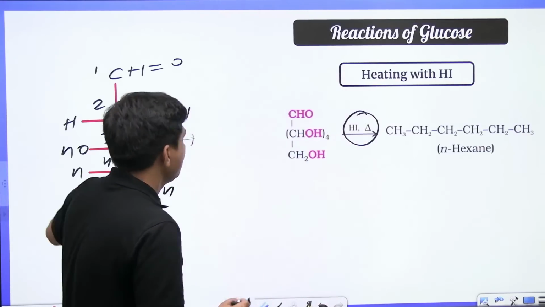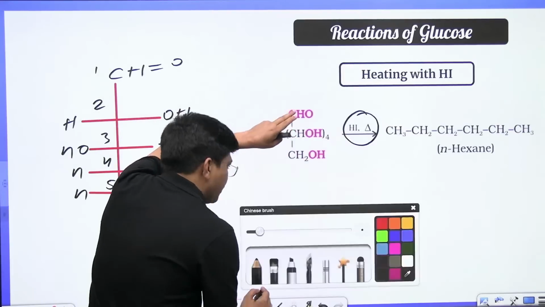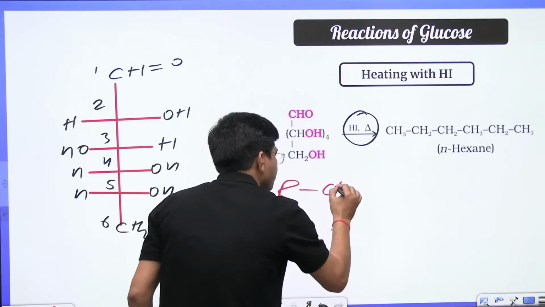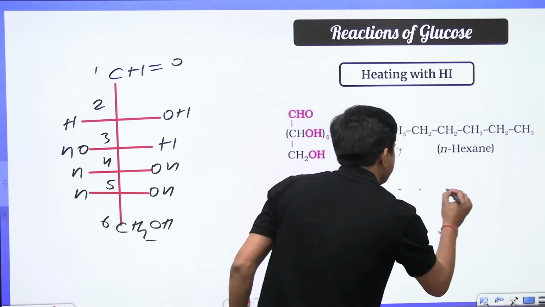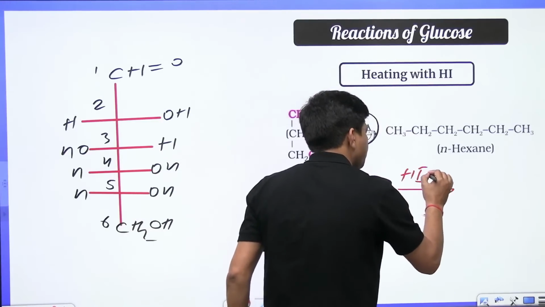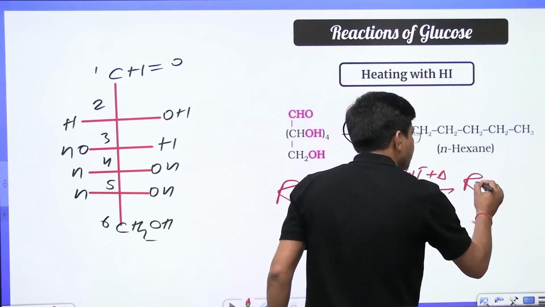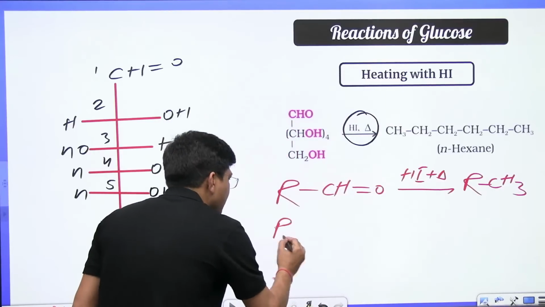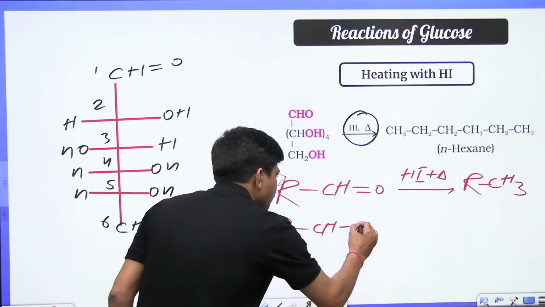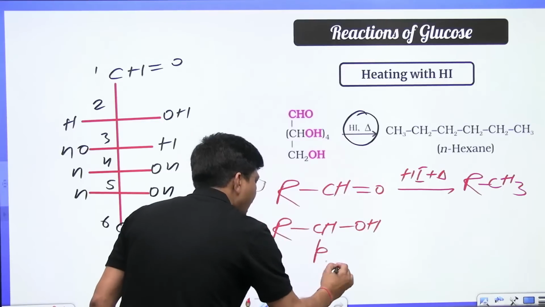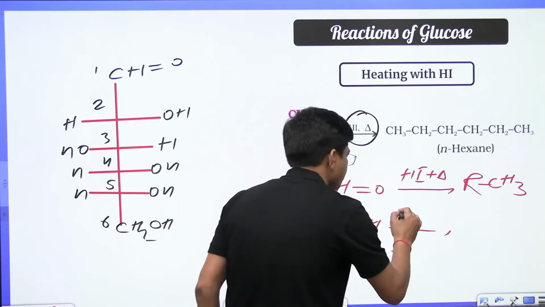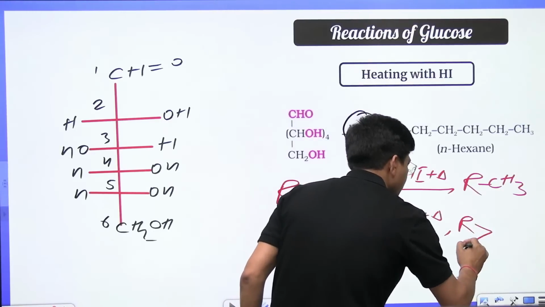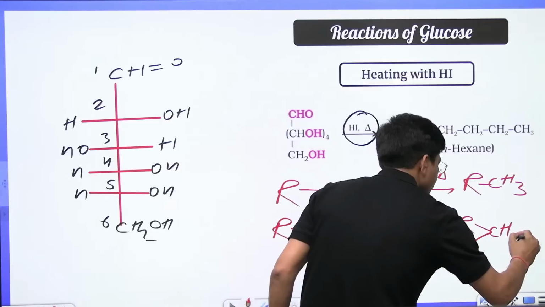Okay, so let me tell you the role of HI. If we have RCHO and you are heating with HI plus heat, it will convert RCHO to RCH3. If you have R2CHOH, a secondary alcohol, and you are heating with HI, it will convert it into R2CH2.